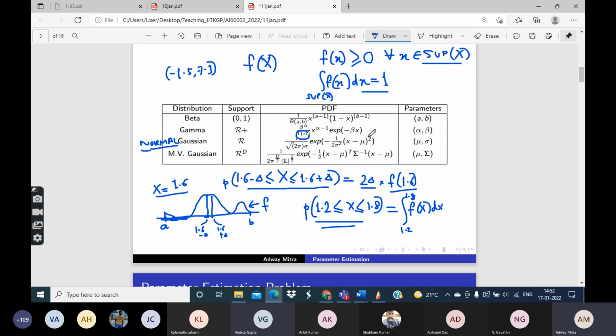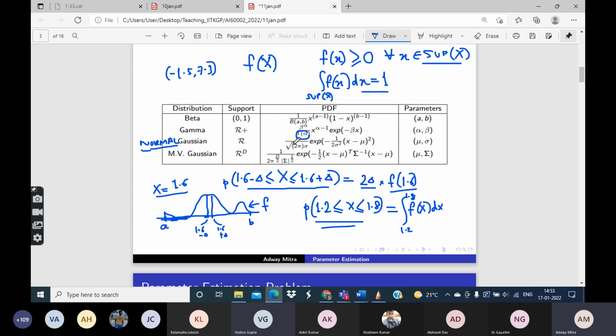Right? This is the Gaussian PDF, and unlike the first two, its support set is the entire real axis. Any real number theoretically has a PDF value under the Gaussian distribution. That PDF value may be very small, something close to 0, but it will never be exactly equal to 0.